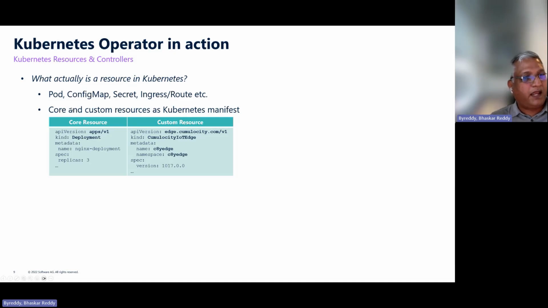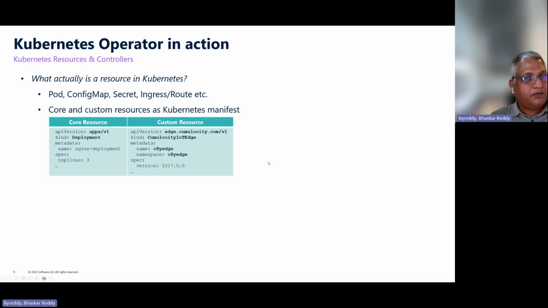Kubernetes also provides a way of extending or introducing custom resources. For example, a core resource like deployment looks like this. However, we have introduced a custom resource for deploying Edge, called Cumulocity IoT Edge. And this is a snippet of that custom resource.